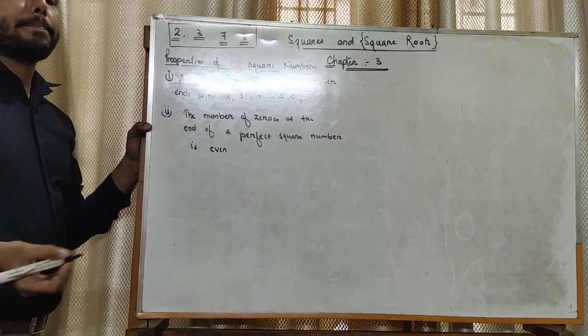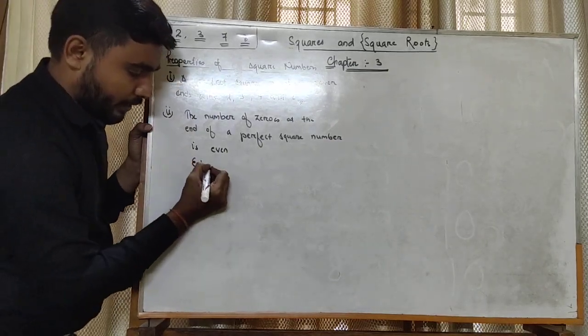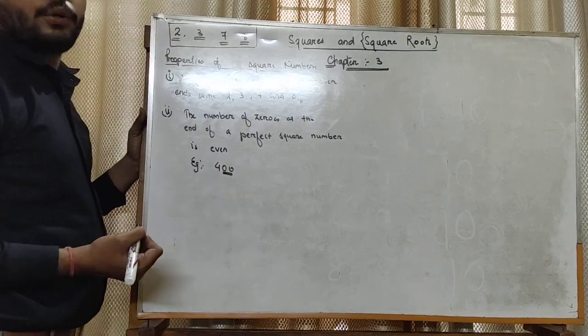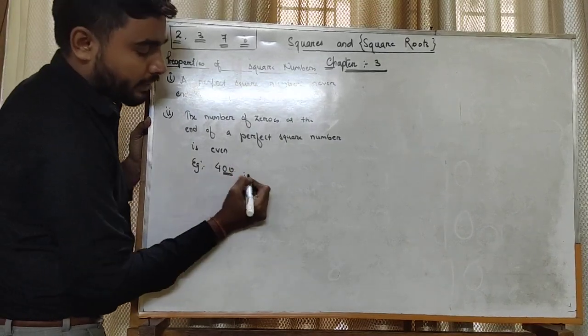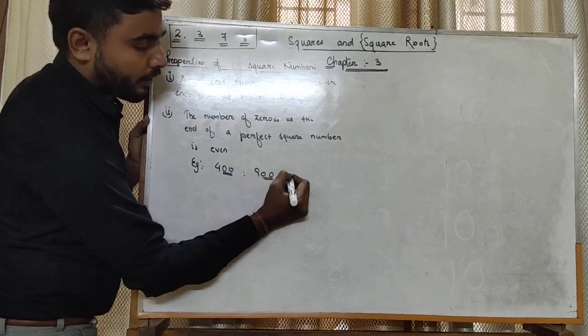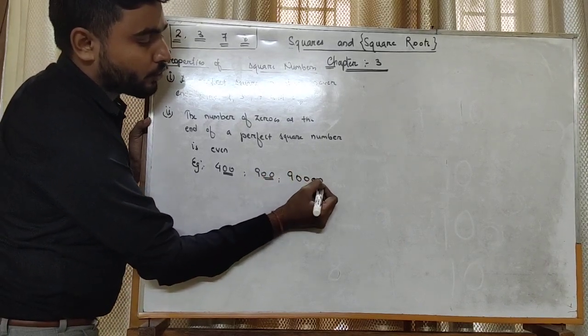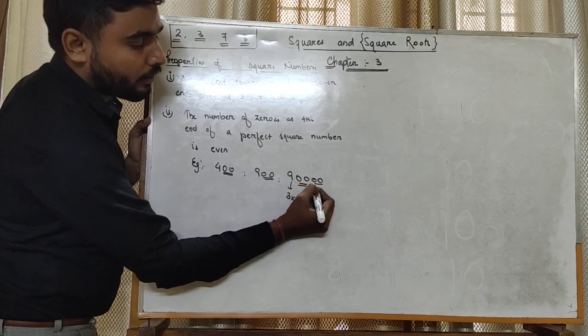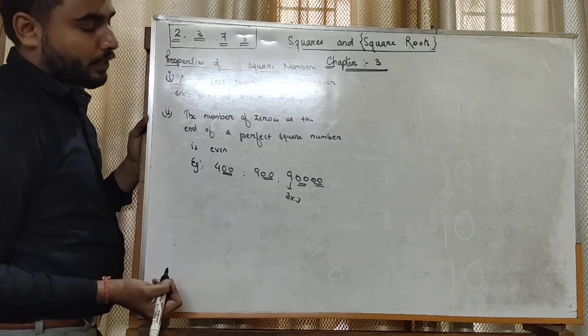Suppose you see a perfect square number 400. Here the number of zeros is 2, which is even. Then 900, here the number of zeros is 2, which is even. Similarly, 9000 is not a perfect square, but 90000 would be; 9 can be written as 3 into 3, and here the number of zeros is even.